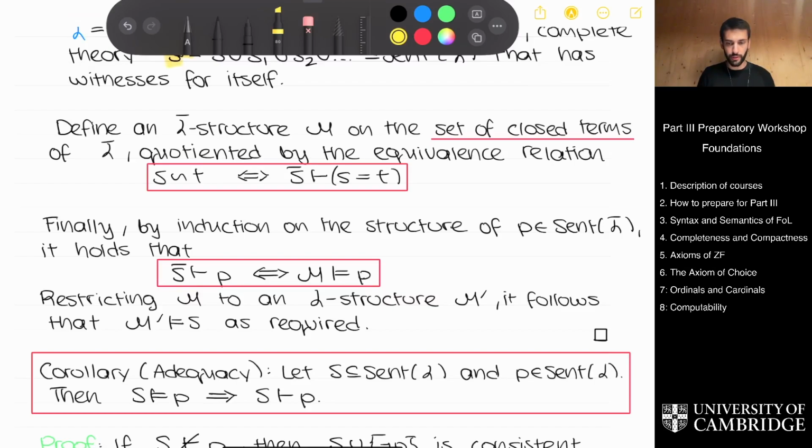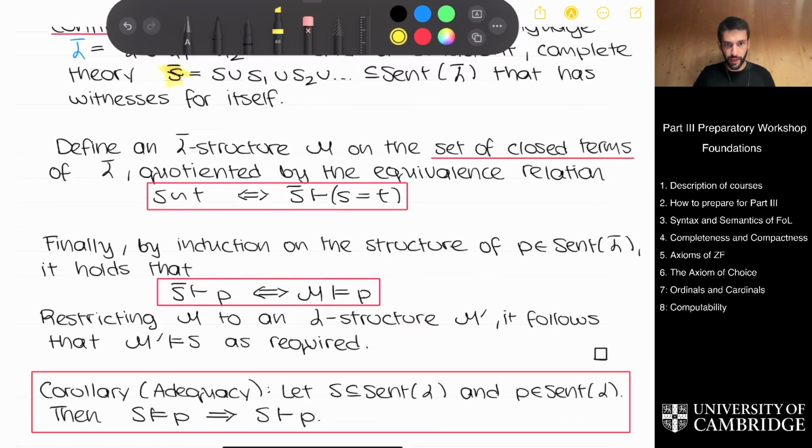It has a bunch of constant symbols, so we get many closed terms, but we need to quotient it by an appropriate equivalence relation, and this is not going to be particularly surprising. So we define an equivalence relation on the set of closed terms: S is equivalent to T if and only if it is a consequence of S', this new set of sentences in this new language, that S is equal to T.